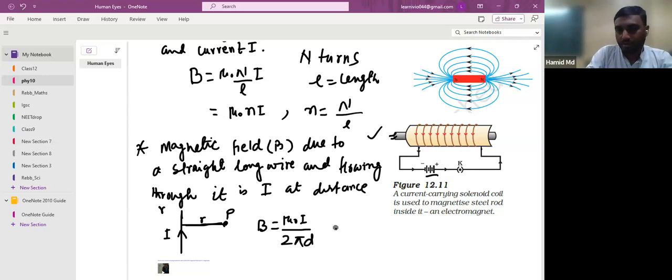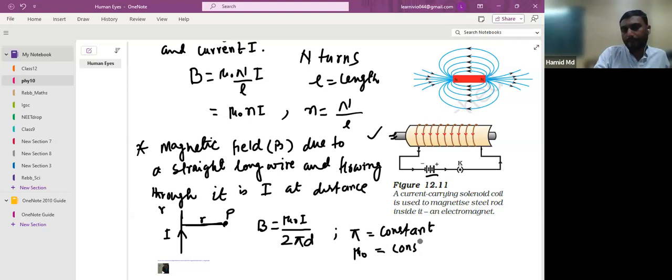Now let's discuss what pi is. Pi is 3.142. I will simply say that this is constant. We all know that pi is constant and mu naught is also constant. Clear?